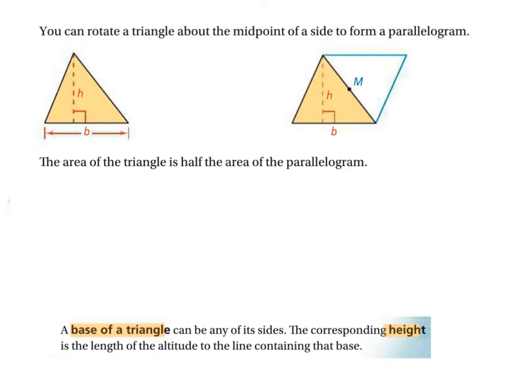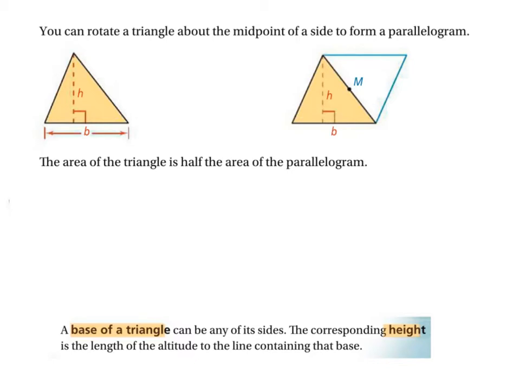Okay, so to come up with the formula based on the formula for area of a parallelogram, take a look at this triangle here on the left, and it says you can rotate the triangle about the midpoint to form a parallelogram.